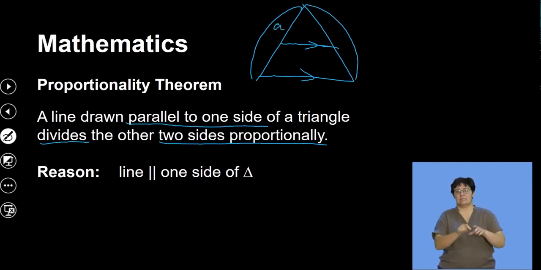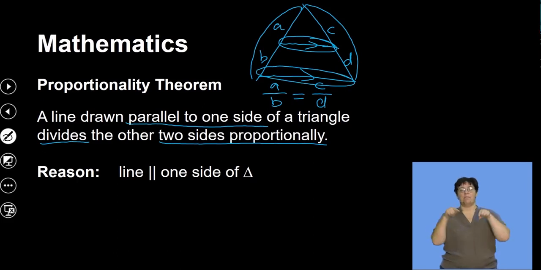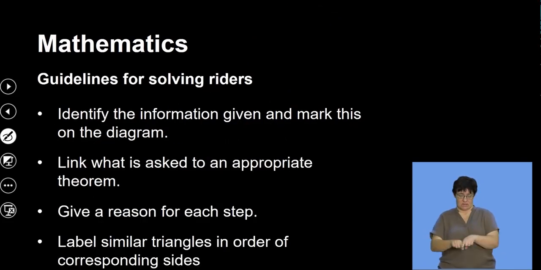So if this is A, that is B, that is C, that is D, it means that A over B will be equal to C over D, because of the fact that these sides are parallel to one another. So that's what the proportionality theorem says. And then your reason that you normally use will be line parallel to one side of a triangle.